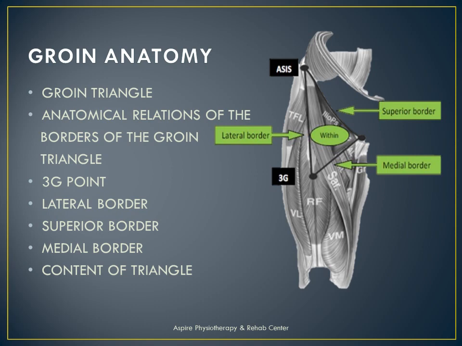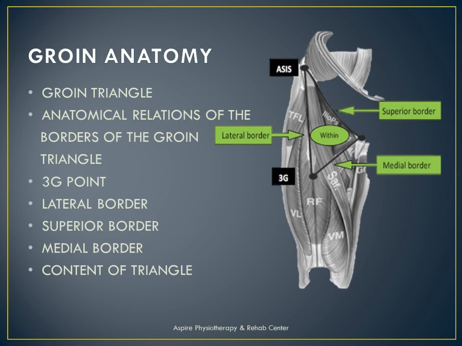Why 3G? It is groin, gluteal and greater trochanter. So it is an imaginary 3D structure. They have hypothesized this to refer to different anatomical structures and classify different groin injuries.